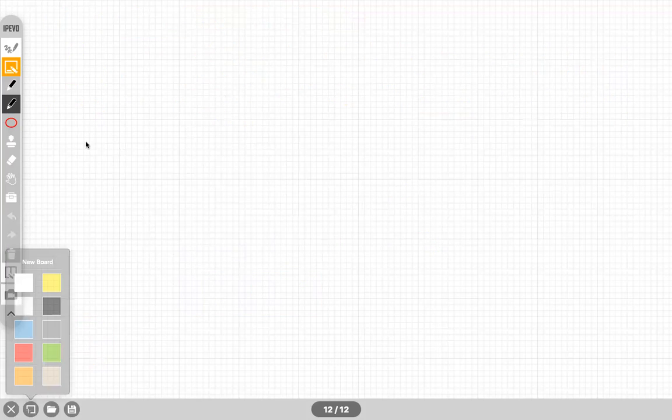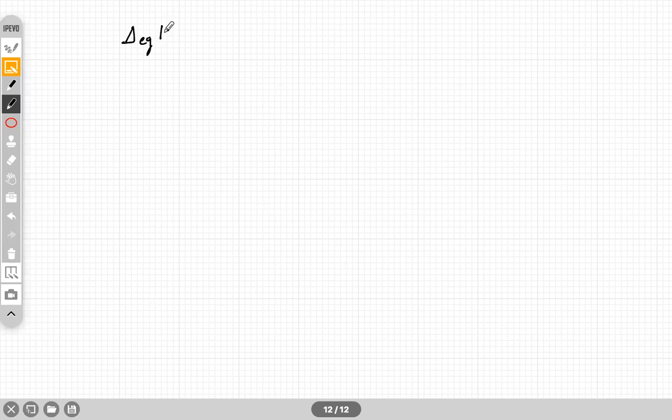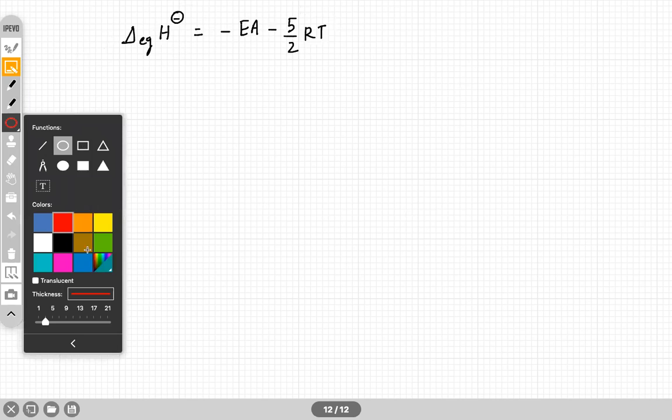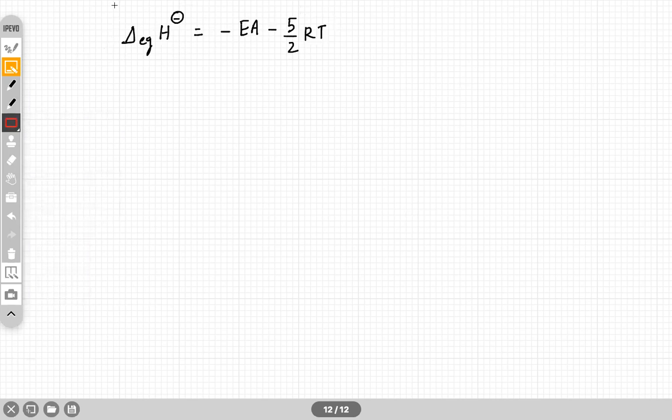The relation is, this relation you write down, the electron gain enthalpy, delta Eg H, is equal to the electron affinity, that is EA, minus 5 by 2 RT. This is the relation we have of electron gain enthalpy and electron affinity.